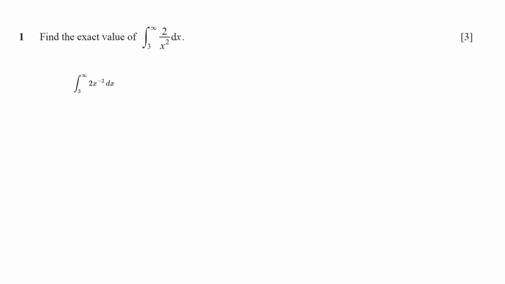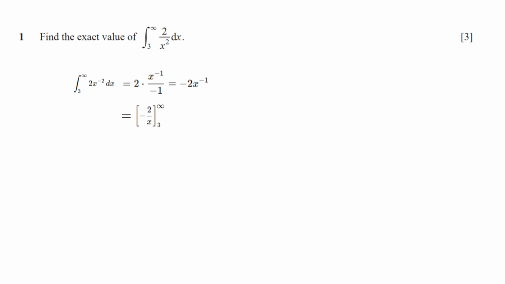Let's integrate this one. 2 times x power, increase the power of x by 1, so negative 1 divided by the new power, which is negative 1, and this is equal to negative 2 times x power minus 1, or we can write this as minus 2 divided by x.